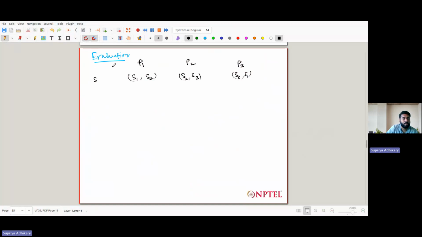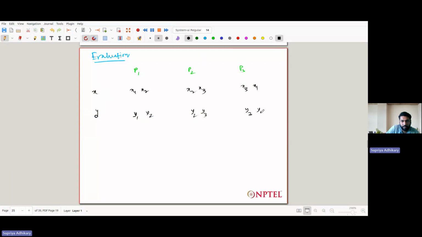And suppose for X they have X1, X2, X2, X3, X3, X1. These are the shares that have been shared with P1, P2, and P3. And similarly for Y, we have Y1, Y2, Y2, Y3, and Y3, Y1.